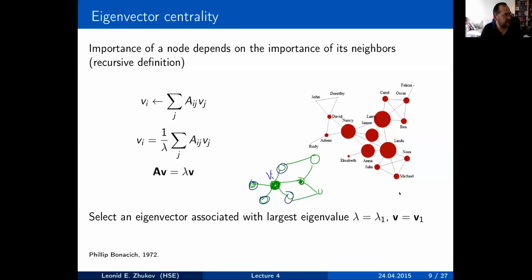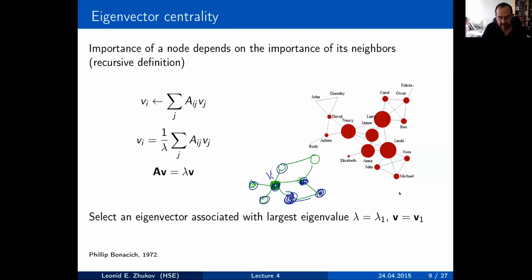We need to know that to calculate the importance of this node. Well, their importance is proportional to the importance of their neighbors. And so the importance of this node will be proportional to the importance of this node and also that node. And the importance of this node will depend on the importance of this node and that node, et cetera, et cetera. So it's like chasing your own tail, right?